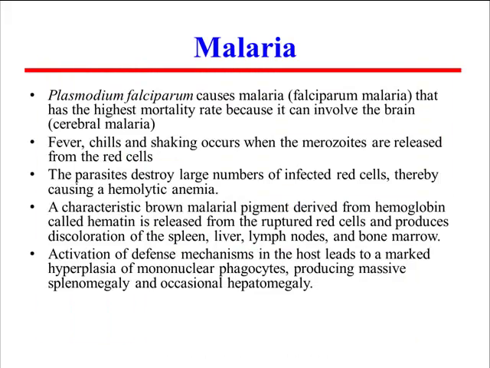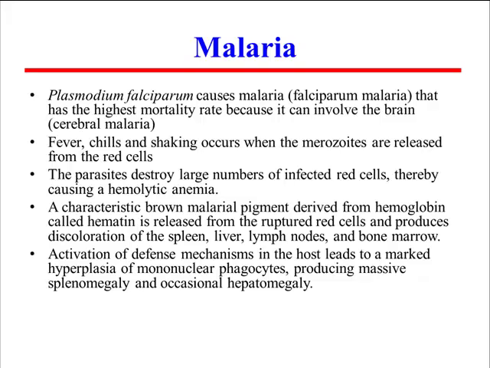Okay, malaria. Malaria is estimated to affect about 500 million people a year, and it kills more than 1 million people a year. It is endemic in Asia and Africa, but because people travel a lot now, it can be seen all over the world.